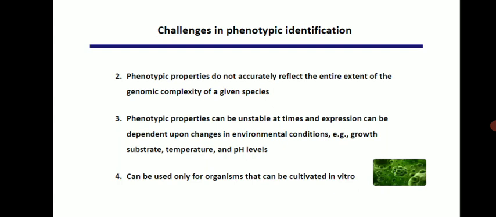Phenotypic properties can also be unstable at a time, and expression can be dependent upon changes in environmental conditions. So various phenotypic features are based on environmental conditions, and they are not sufficient for identification of particular microbes.